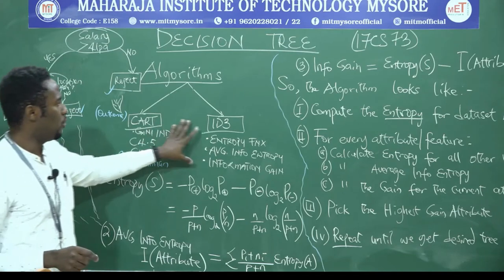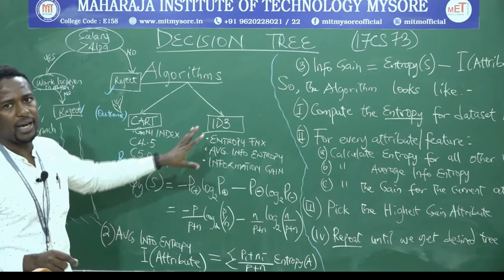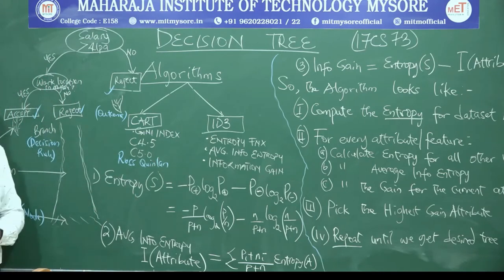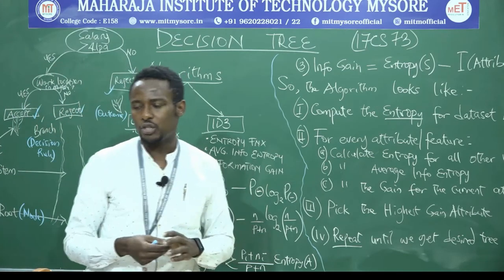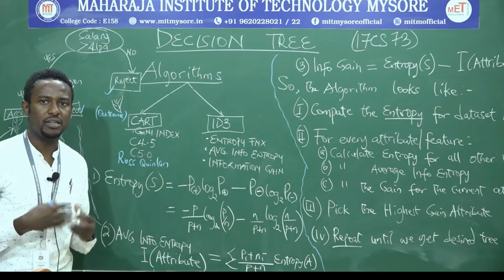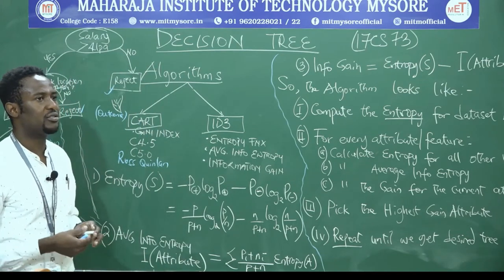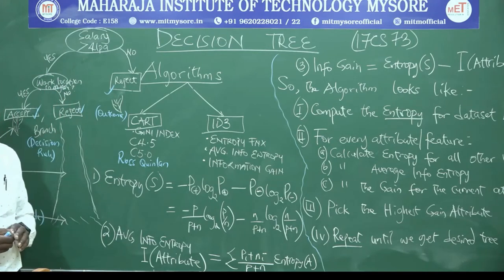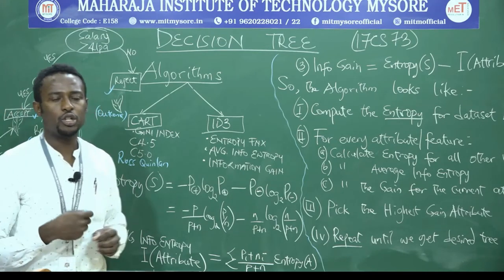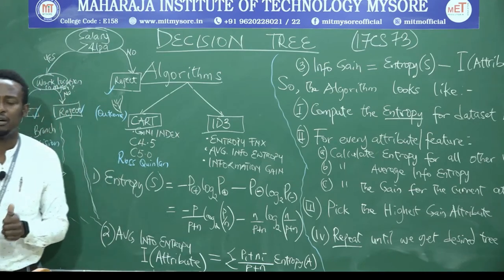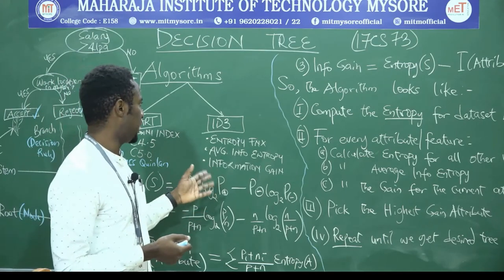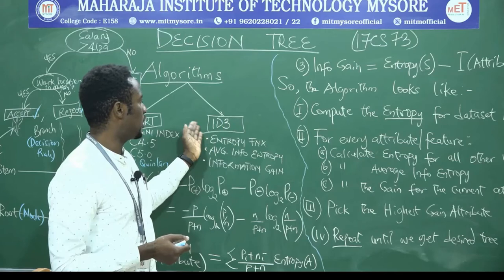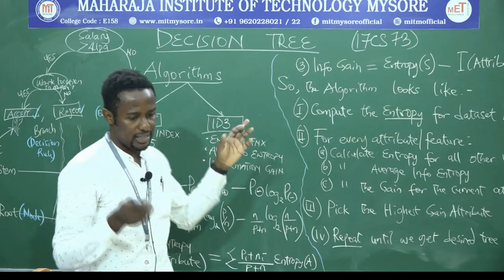Keeping this in mind, we will now look into, not CART, classification and regression trees, but ID3. ID stands for iterative dichotomizer. Iteration is just repetition, like the recursive functions you've written, functions that call themselves. Dichotomizer means successive division.